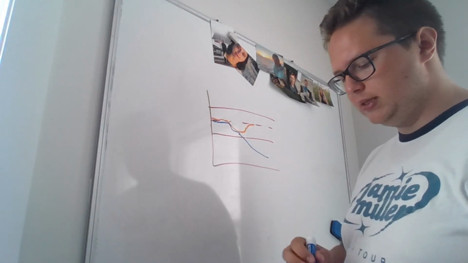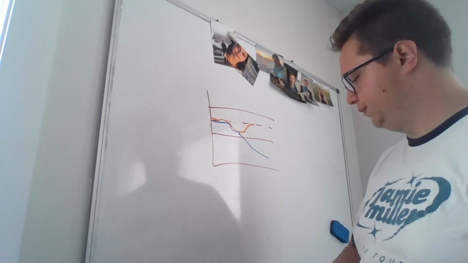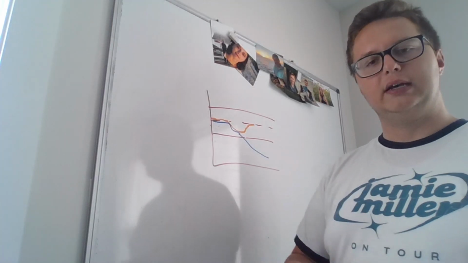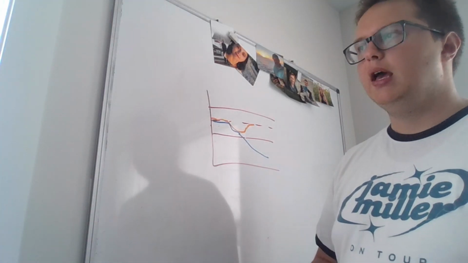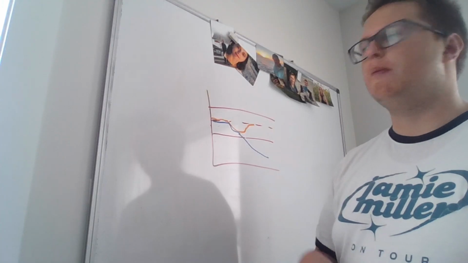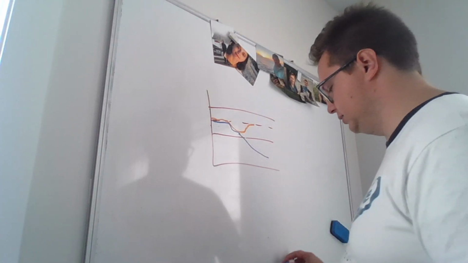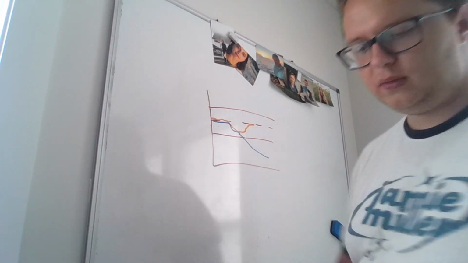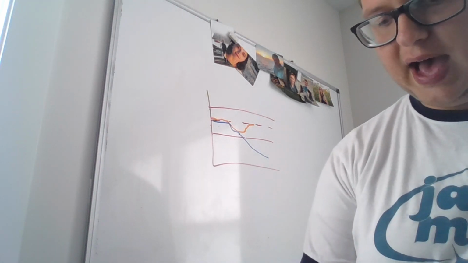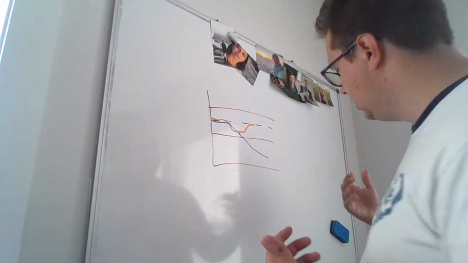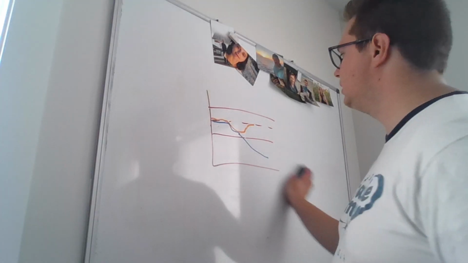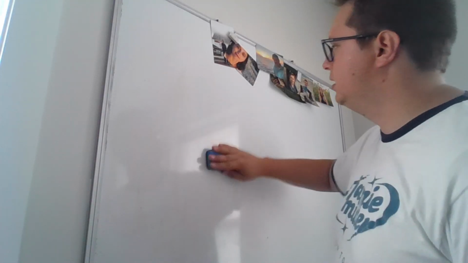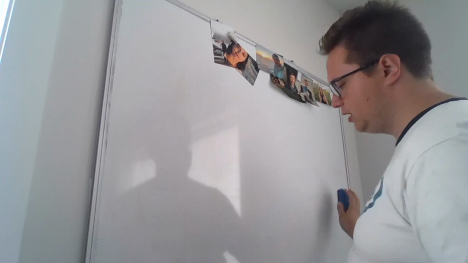There's occasions where this is good. Sometimes during childbirth, this happens, and it's okay. But most of the time, we want to keep within this normal range. Okay, so that is homeostasis and feedback loops, all that good stuff.